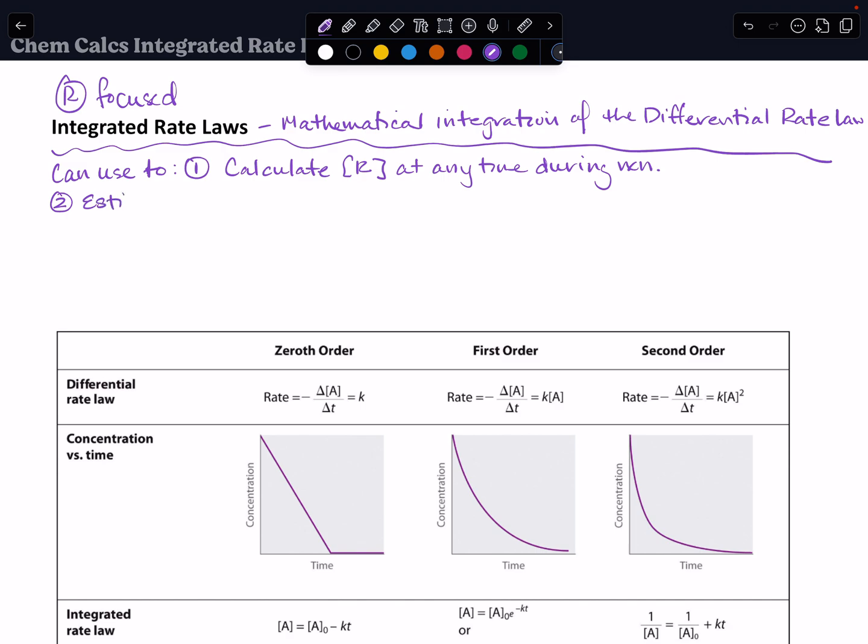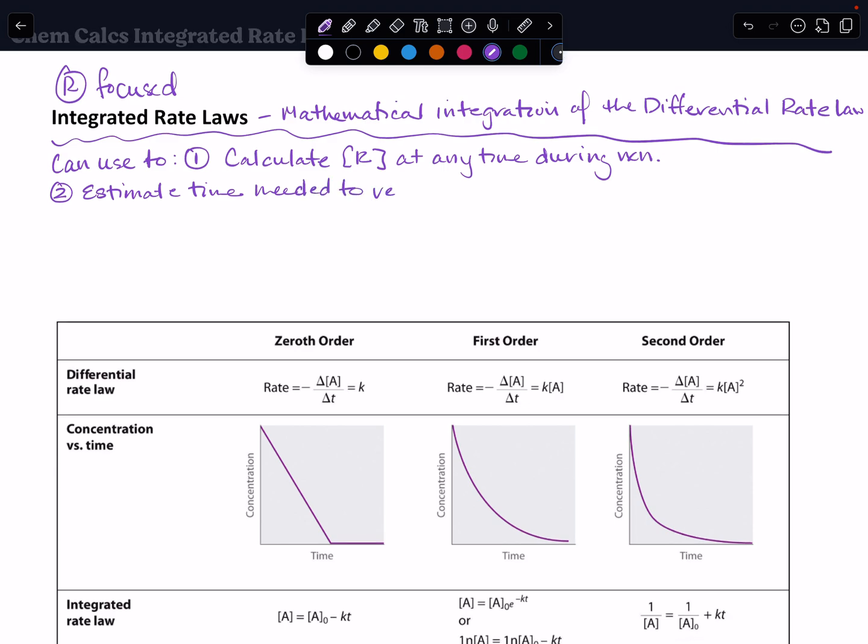You can also estimate time needed to reach a certain concentration of a reactant. So that is new. For our differential rate laws, time wasn't in there anywhere. Time is going to be back as a variable in these integrated rate laws.